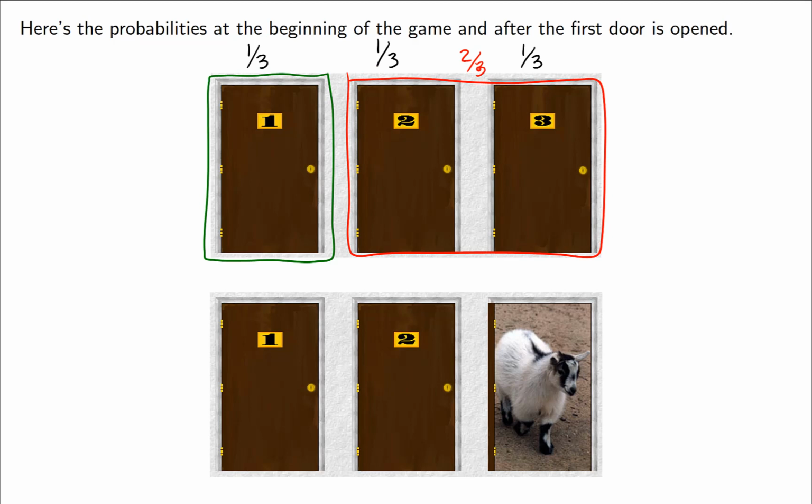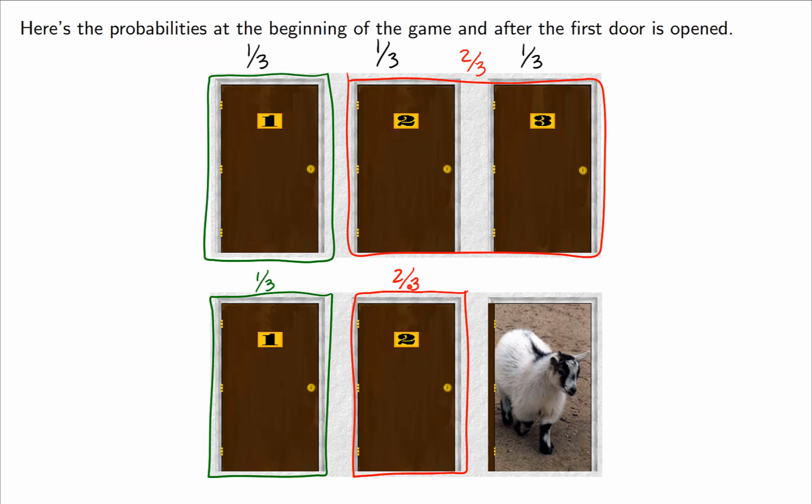But then the other door is opened, and the goat is revealed. What's really going on is the probability of my door being a winner is still 1/3. Why should the probability have ever changed? It was 1/3 at the very beginning. But now all the probability of losing has shifted to door number 2. So there's a 2/3 chance of winning if I switch.